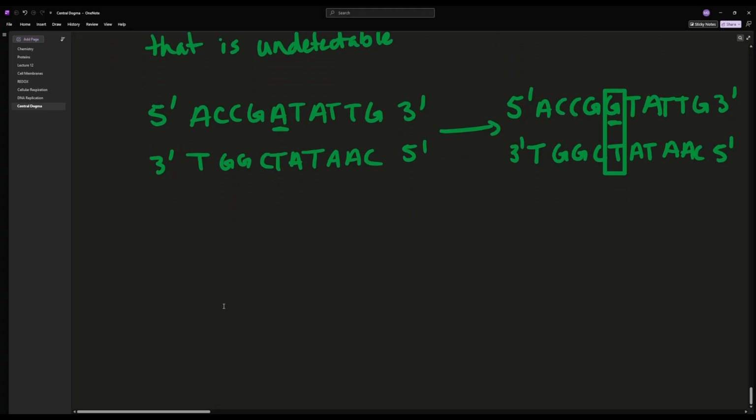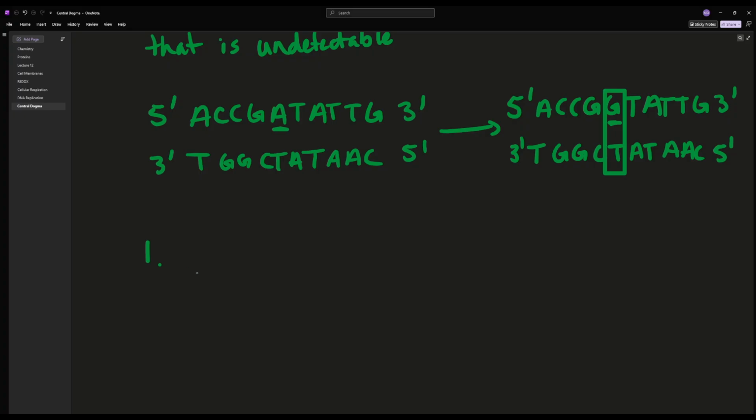Within that, there's multiple different types. But generally, for point mutations, it's going to affect one single nucleotide. We can also classify the mutations by what they do to the amino acid sequence.